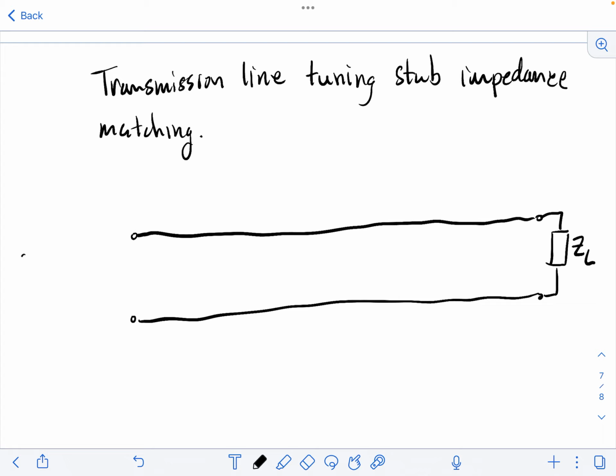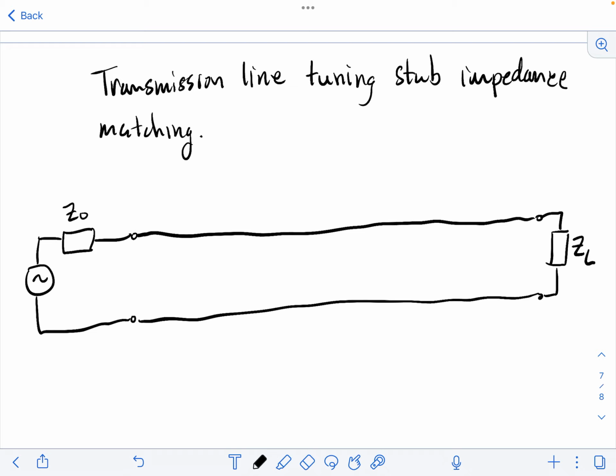Well, okay, let me just draw a signal generator. So maybe we have a signal generator that outputs voltage and has an output impedance of, say, Z naught. And we want to extract the maximum amount of power from this signal generator, but the problem is that ZL is not matched to Z naught.